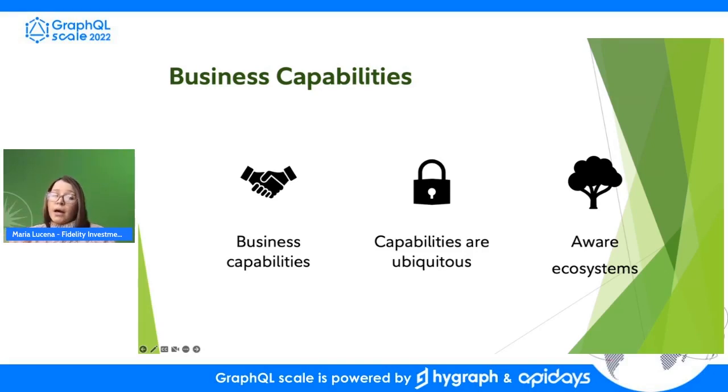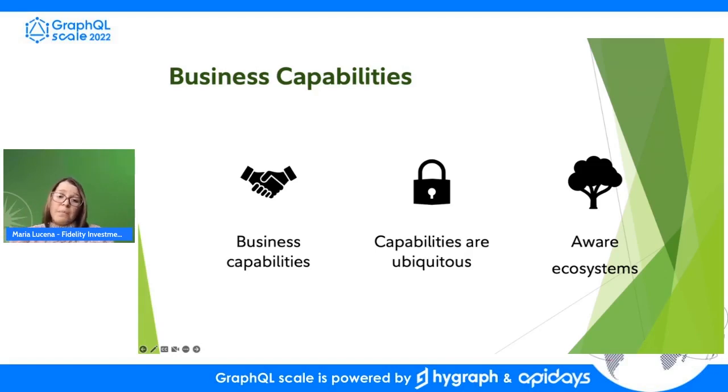So those are the nouns that make up your business language. This should be ubiquitous across your organization. Therefore, a business capability represents a unique action in your firm, regardless of your business unit. So these are the building blocks that make up your enterprise.